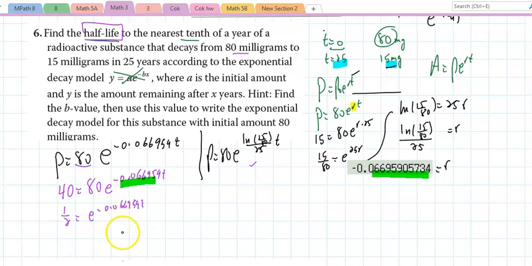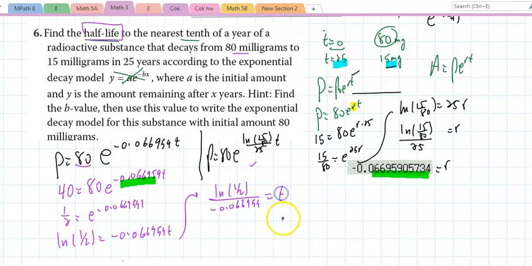And what are we going to do now? We're going to transform this to log form. And if I divide by the negative 0.066959, how am I going to plug this in my calculator?